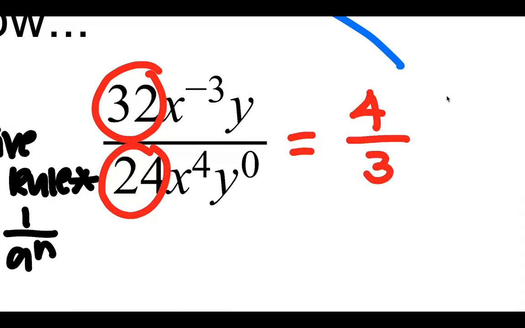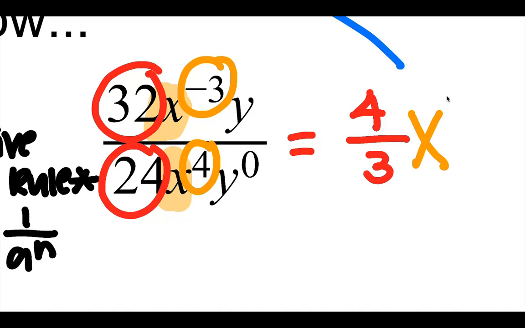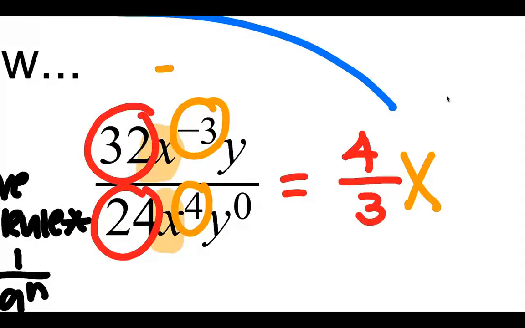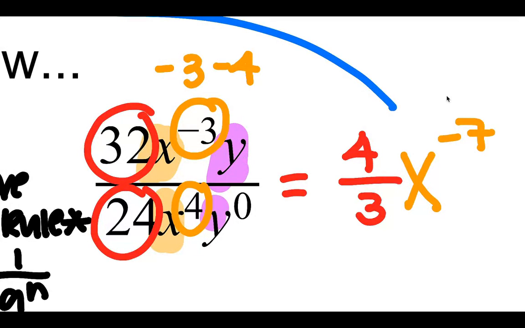Again, Desmos will do this for you. Then I'm moving on to the x's. So I've got x is my base. And I've got negative 3 minus 4. Well, negative 3 minus 4, same signs we add, so it's a negative 7. Then I've got the y. That would be my base.